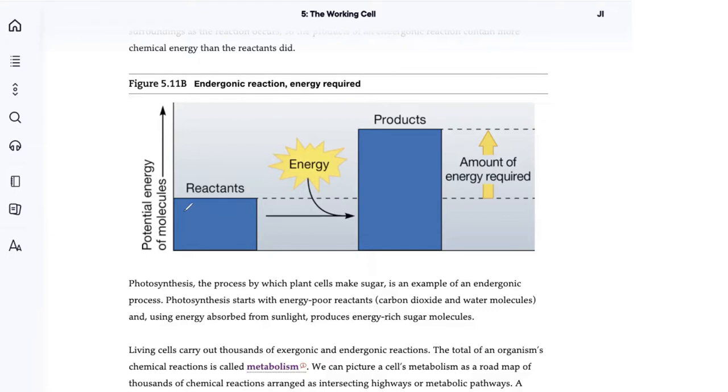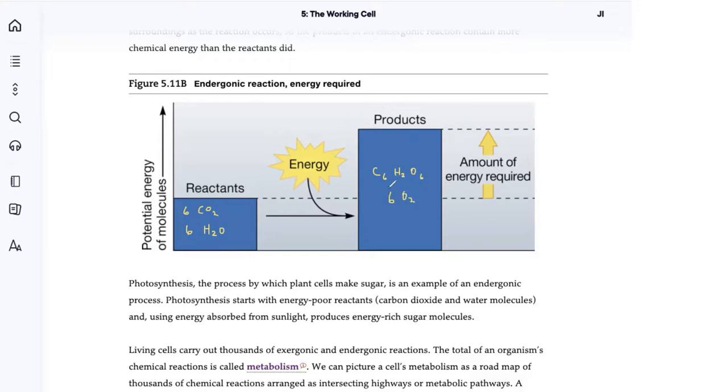If we're looking at the reactants being 6 molecules of carbon dioxide and 6 molecules of water, right? You can count up all of the covalent bonds that are there and say the product is going to be 1 molecule of C6H12O6 and 6 molecules of O2, right?